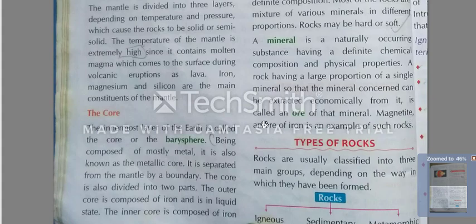Magnetite is an ore of iron. Is an example of such rocks. Clear? I hope that you will understand. For the remaining, let's see a video I will show you. You will easily understand it. Let's see.